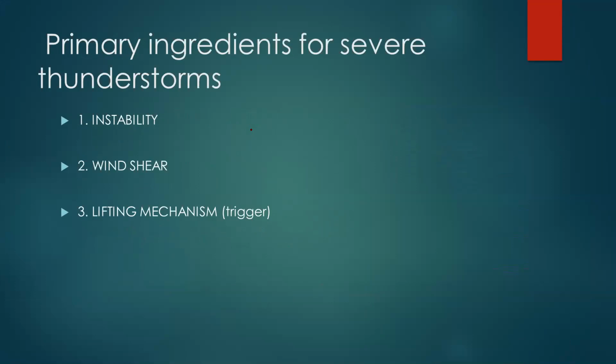In terms of instability, the signs from the climate change literature suggest that it will contribute towards more severe thunderstorms. That is, the troposphere will perhaps become more unstable. So thermodynamic instability will be positive for the development of more severe thunderstorms.